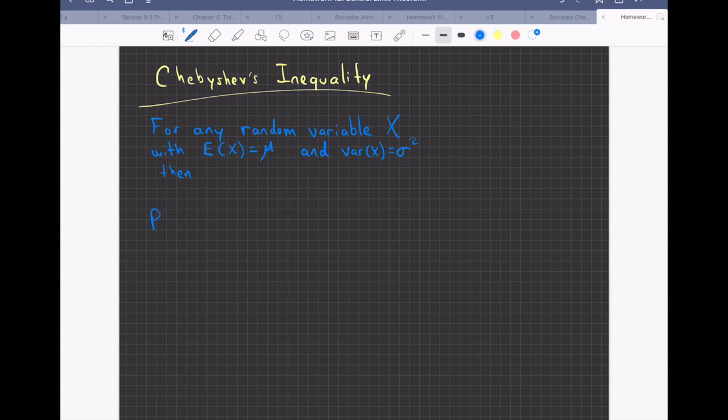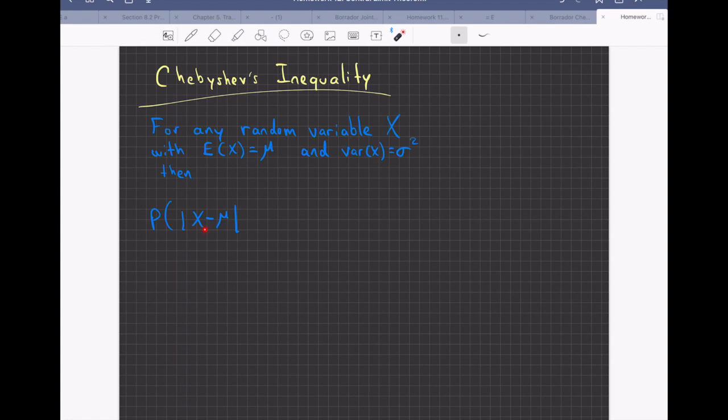The probability that the distance of the values of x with respect to the mean, that is one way to interpret the subtraction with the absolute value, the distance between 2 points. Remember that x is a random variable, so it has in general many values.